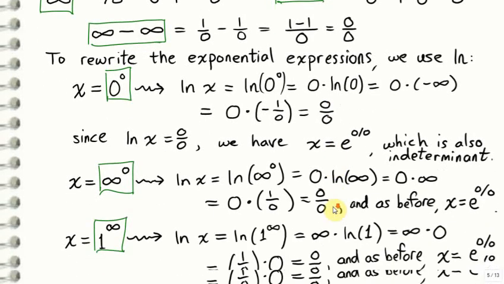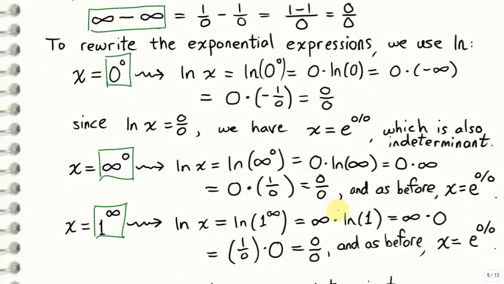What we're going to do is say x is equal to 0 to the 0. Okay, let's take logs of both sides. So ln of the left is equal to ln of the right. Simplify your logs and you get 0 times ln of 0, but ln of 0 goes to negative infinity. Again, there's an implied limit here. But 0 times negative infinity you could write as negative 1 over 0. And hey, you got 0 over 0 again. So ln x equals 0 over 0.